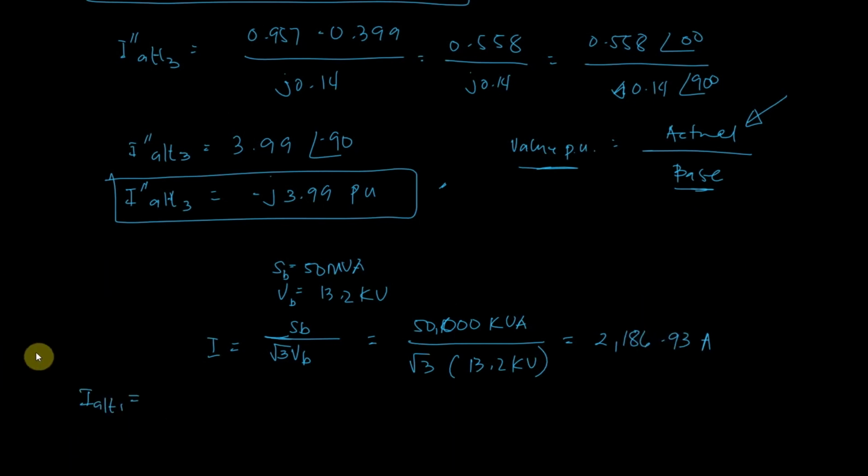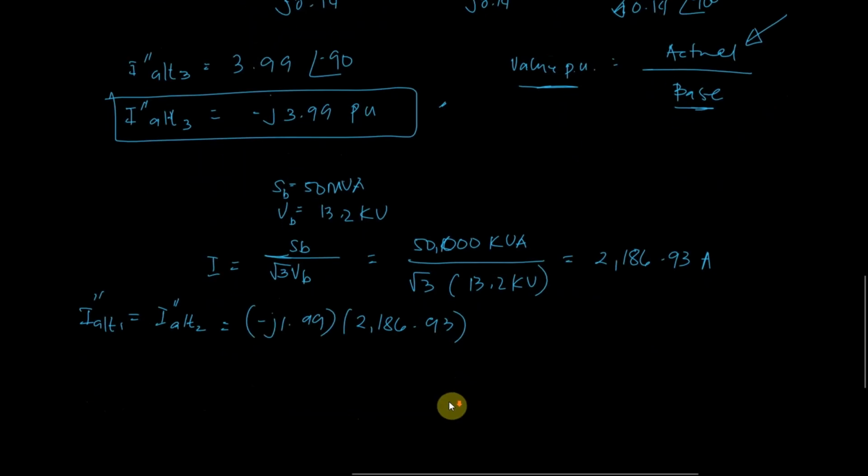So ang ating actual sub-transient current sa alternator 1 is equal to sub-transient current sa ating alternator 2, which is equal to yung ating per unit, which is negative j 1.99 times yung ating base, which is 2186.93 amperes. Okay?